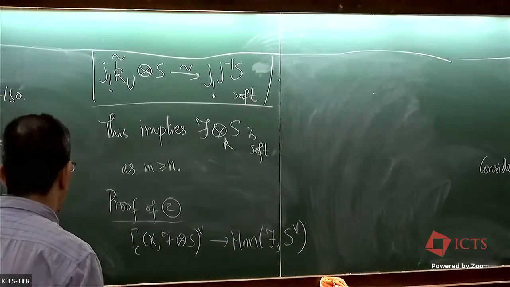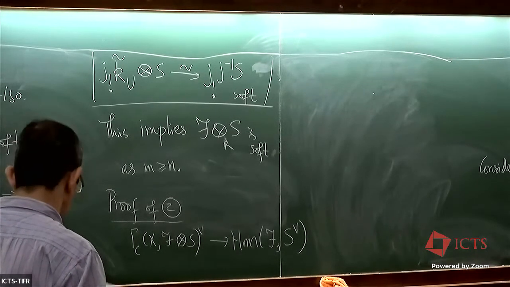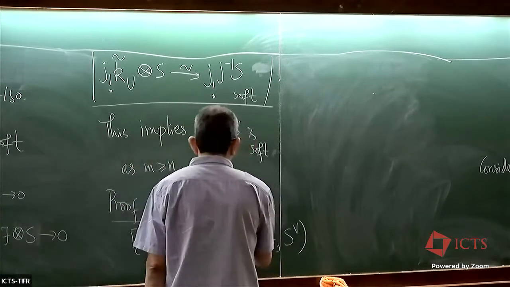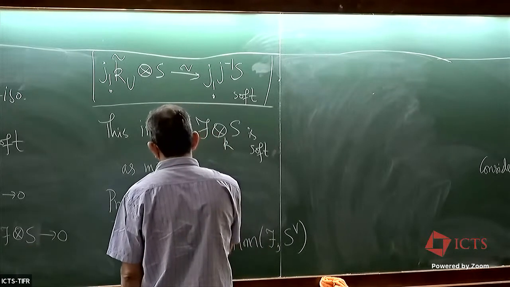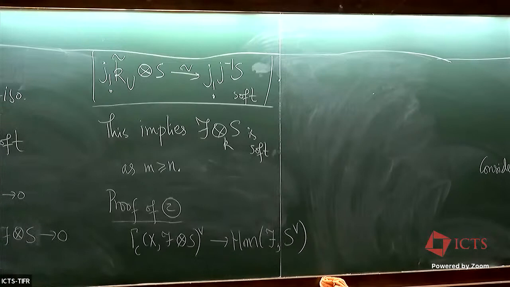So here's a sketch proof. One has to first show that there's a natural map like this. And it requires a little bit of work, but once you are able to set up this natural map, then you can again just check that this natural map is an isomorphism when F is a sheaf of this kind.